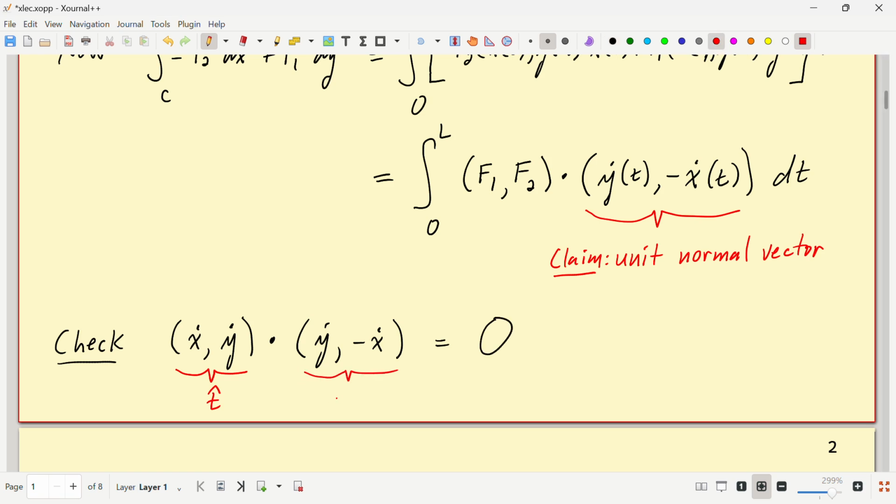So it's either an outward pointing normal or an inward pointing normal. I've got to figure out which it is. So that's orthogonal, check.